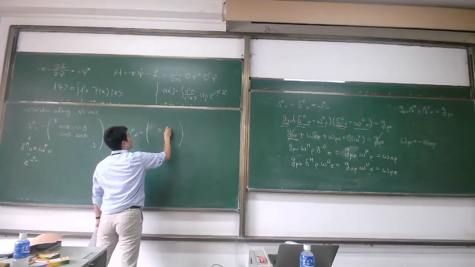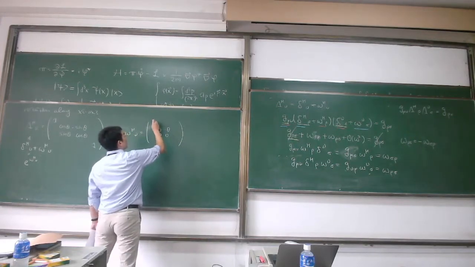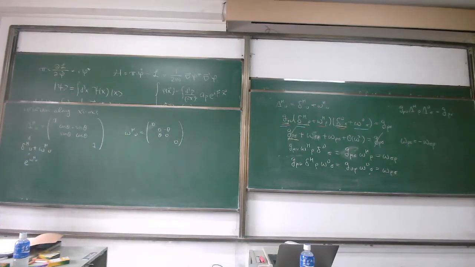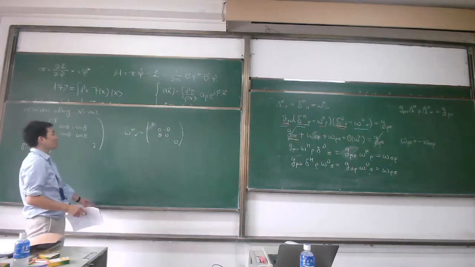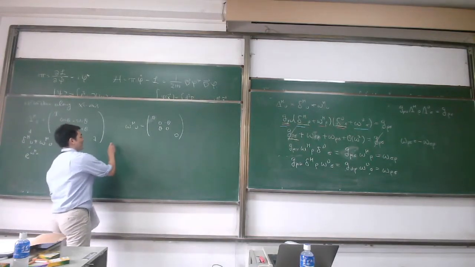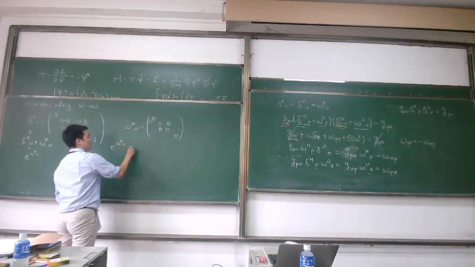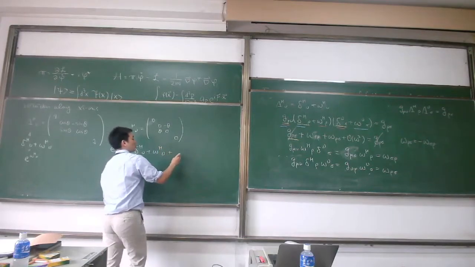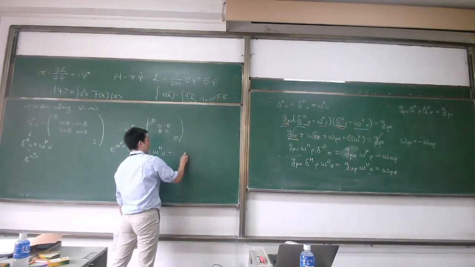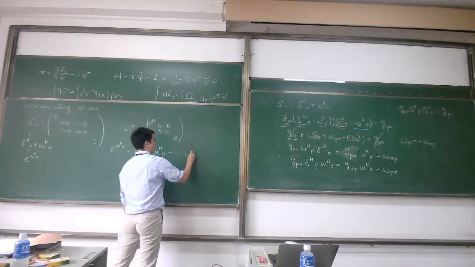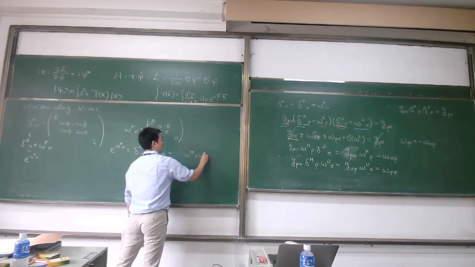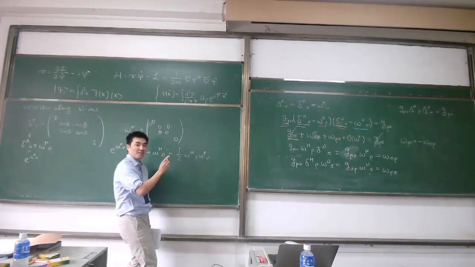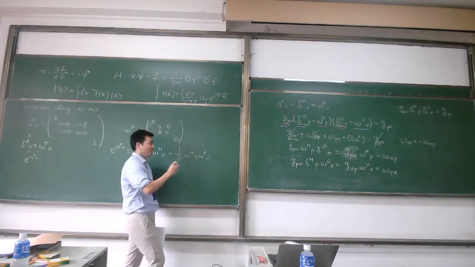Maybe I should write down this way. Okay. So I pick like this. Is it okay? And then just do the e to the omega mu nu is equal to delta mu nu plus omega mu nu, and just do the Fourier expansion. No, Taylor expansion. Omega mu sigma omega rho nu, and 1/2, and just Taylor expansion, right? You know, right? And dot dot dot.